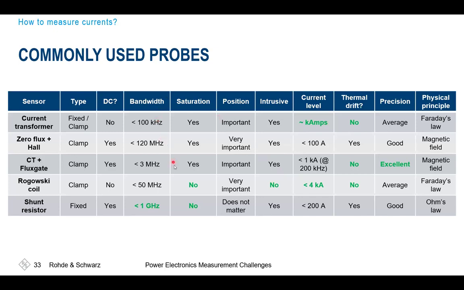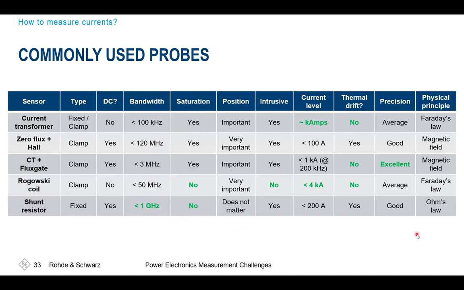In terms of bandwidth, they are somewhat okay or limited, strongly depending on the type. In terms of bandwidth, the shunt resistor is typically outperforming each of the other systems, but still you'll have to make sure you have a certain test point considered for these shunt resistors to be able to add them. Otherwise, you'll also have to separate your lines to get that one in.